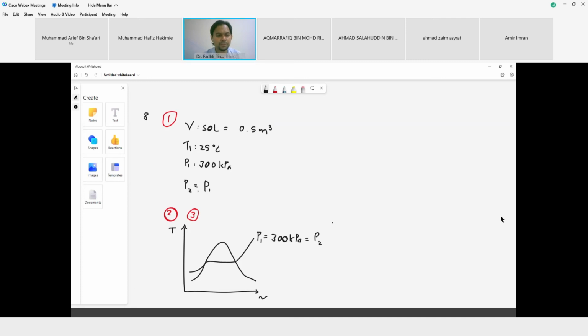For the temperature, in order to find the location of 25 degrees C, we have to know T sat as our reference value. So find T sat.